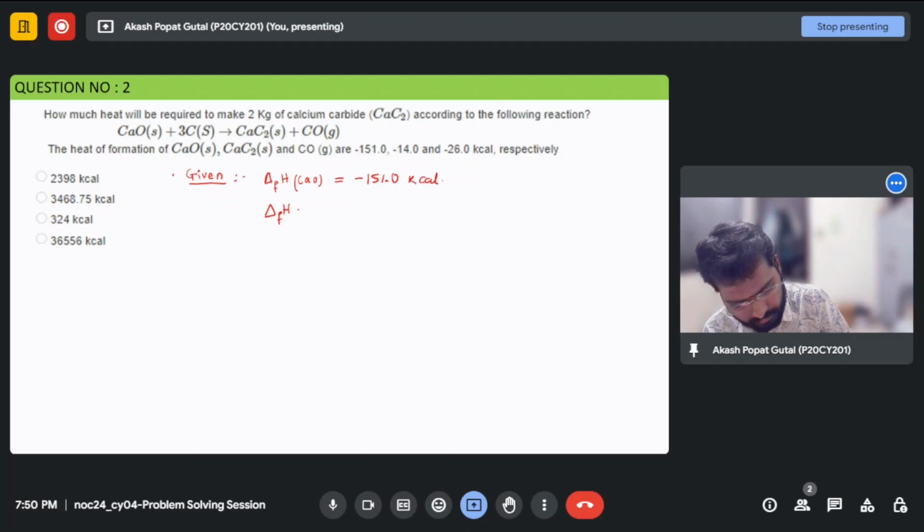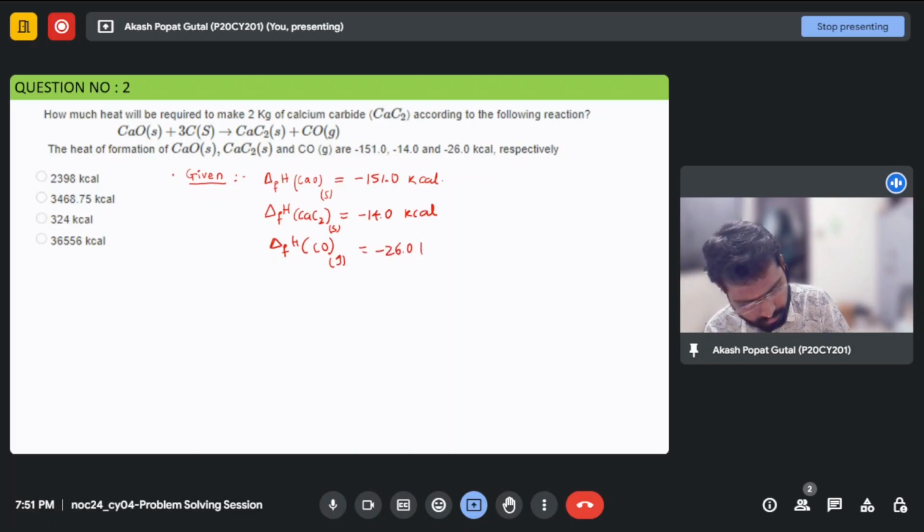Formation for CaC2 is minus 14.0 kilocal. Delta H formation for CO in gaseous state is given as minus 26.0 kilocal. Carbon is in solid state.